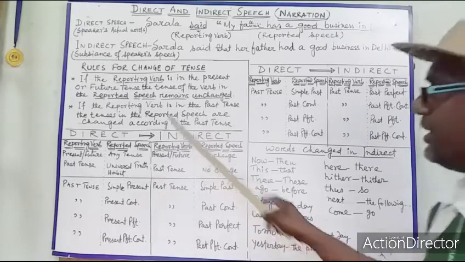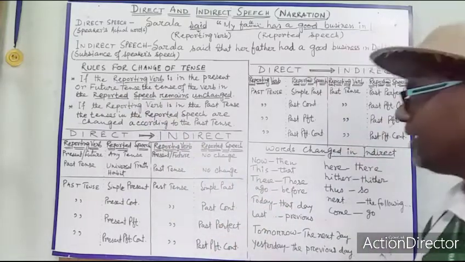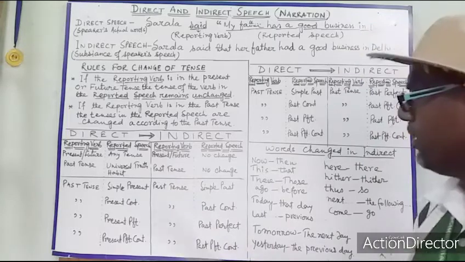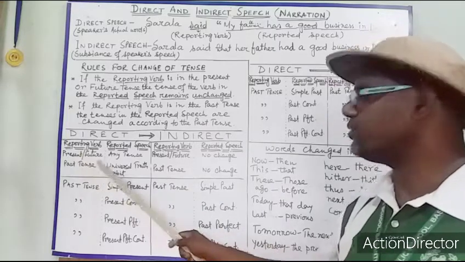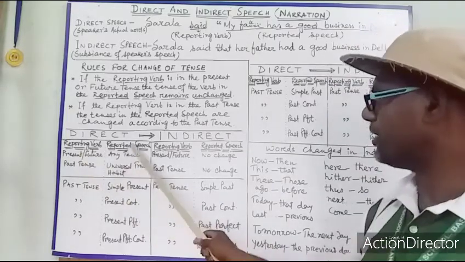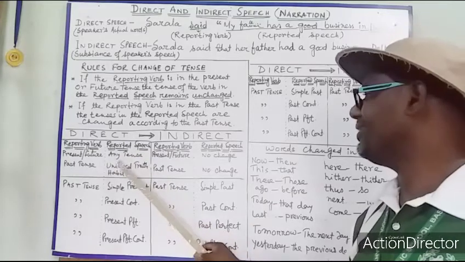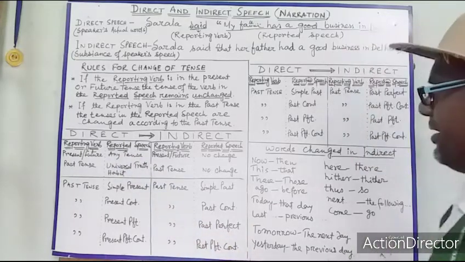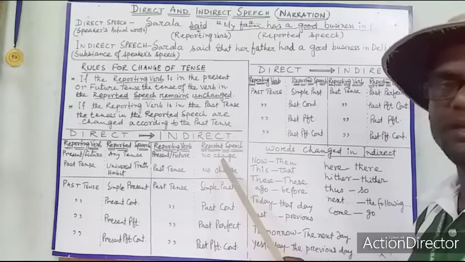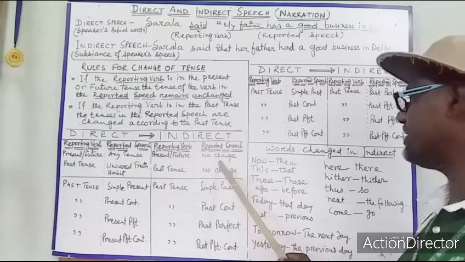I discussed this already in the past rule. So this is in chart form. If the reporting verb is in present or future tense and the reported speech is in any tense, then that tense will be intact and will not be changed.